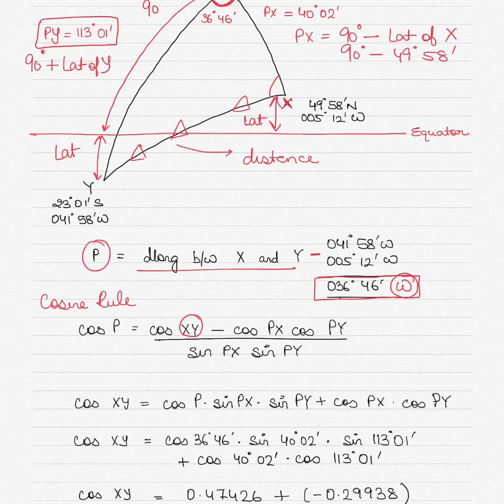So how do you write down the cosine formula? You write down the included angle first: cos p equals the side opposite to it, which is cos xy, minus the remaining two sides, cos px and cos py, divided by the sine of the remaining two sides, px and py. So the same px and py come here, but this time they become a sine.